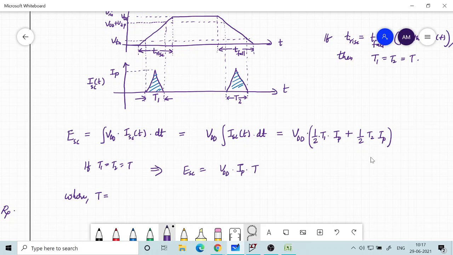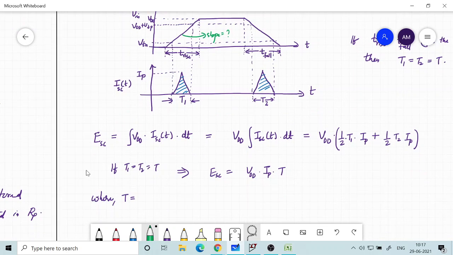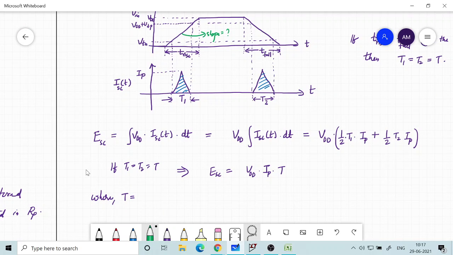So what I will do is find the slope of this input variation. The slope which I showed there is basically VDD divided by T rise.